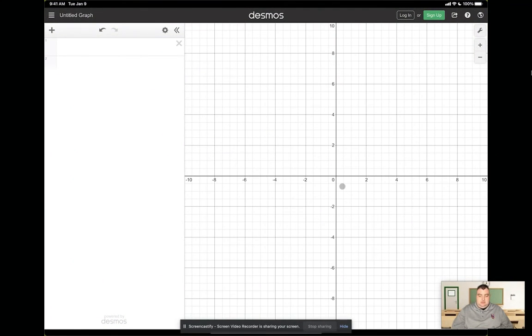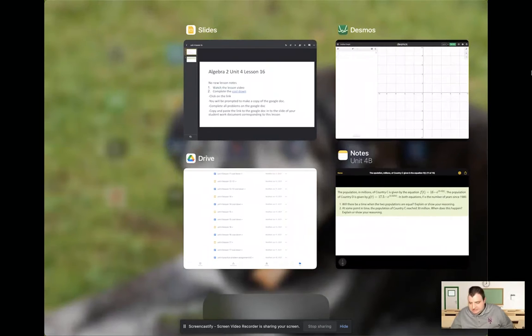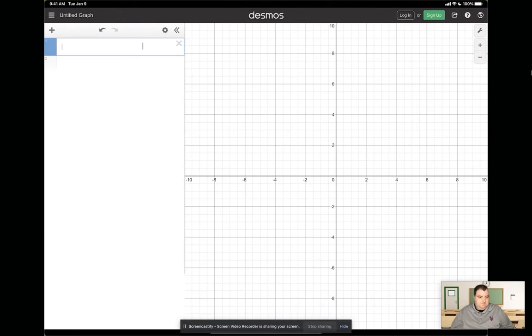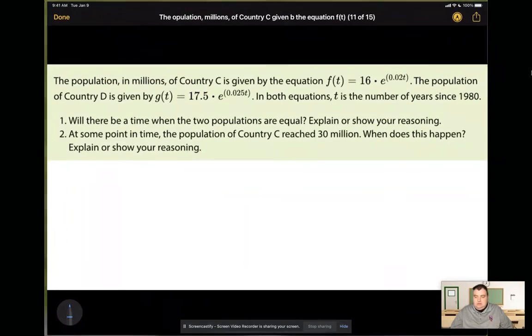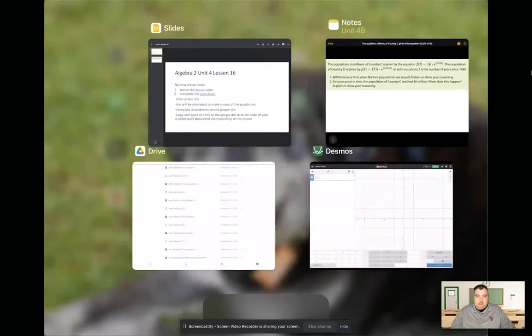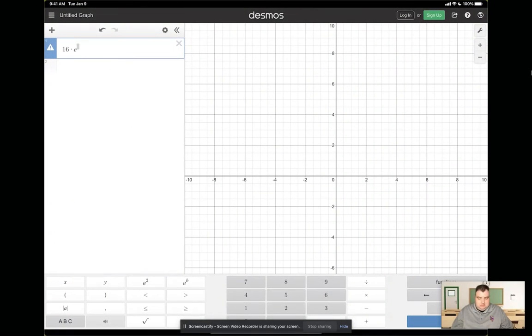Okay. So the first function is 16 times e to the power of 0.02t. So this will be 0.02x.